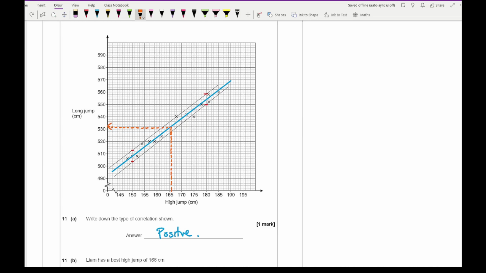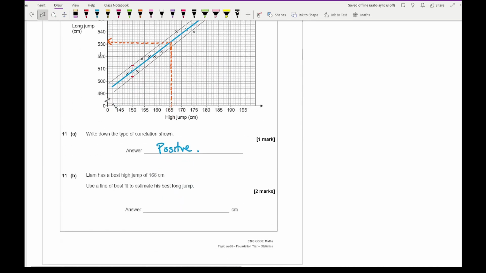I get mine to be roughly around about 532, give or take. But I would say any answer between 526 to, I would say, 538 would be acceptable answers.